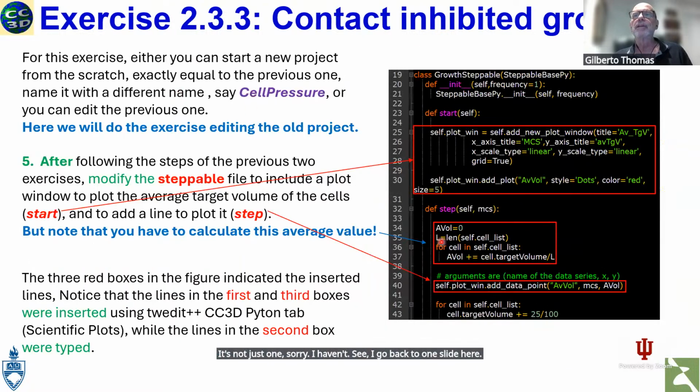When you create the A vol here, you cannot mistype, or it puts a different name here. Did you fix it? Okay.